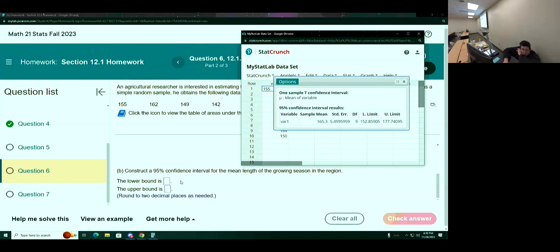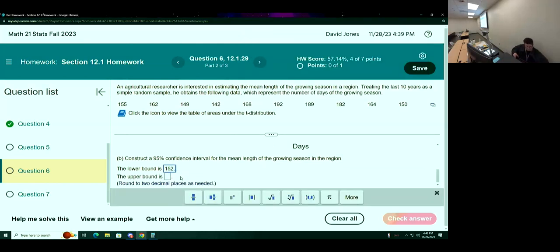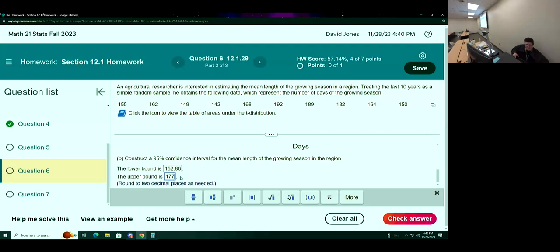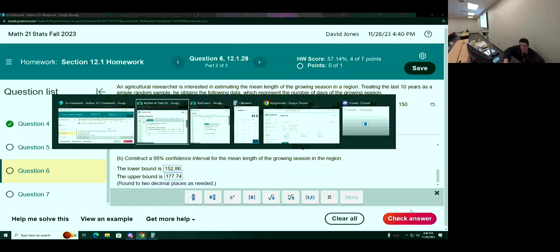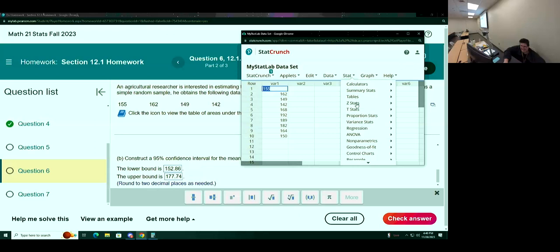Gives me 152.86 and 177.74. So this is number 6. You're doing a stats, t-stats confidence interval.